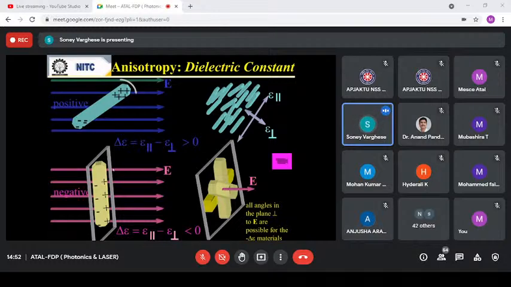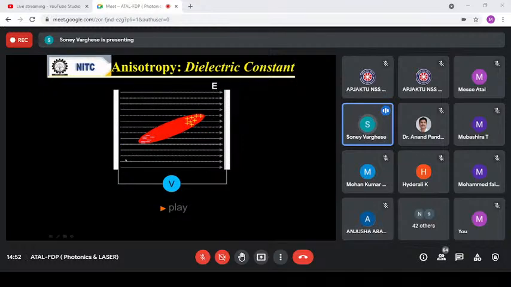That depends basically on how the molecule is polarized. This is actually a video, but unfortunately it's not working. It basically shows what happens to the liquid crystal molecules when you apply an electric field. You can see that a polarization takes place.